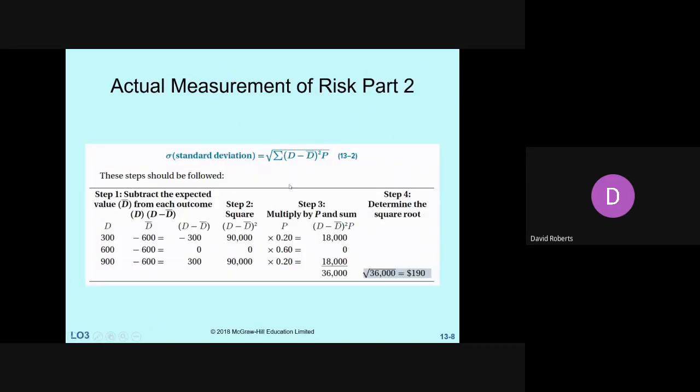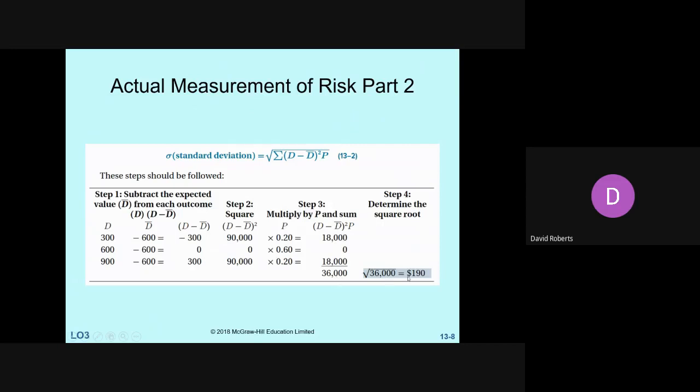You plug it into the formula, which is at the top, formula 13.2 at the top of your screen, and you go through the calculations. And we'll do this in class when I go through the examples. So you find the D bar, you take the demand, subtract D bar. D bar is the average, by the way. You then square that number, multiply it by the probability, and total it up.